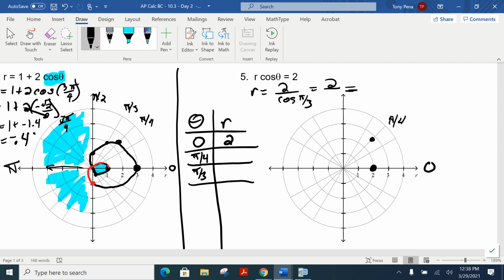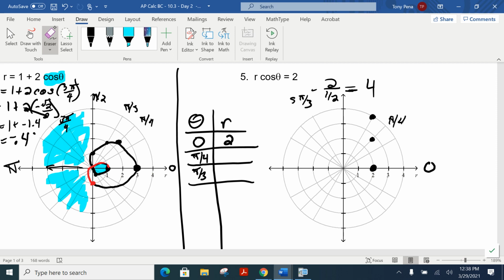All right, what do we get for that value? Good, should get 4. Cosine of pi over 3 should have been a half, so we should get 4. So now if we go out to pi over 3, and we go out to that fourth circle, that would be our third point.